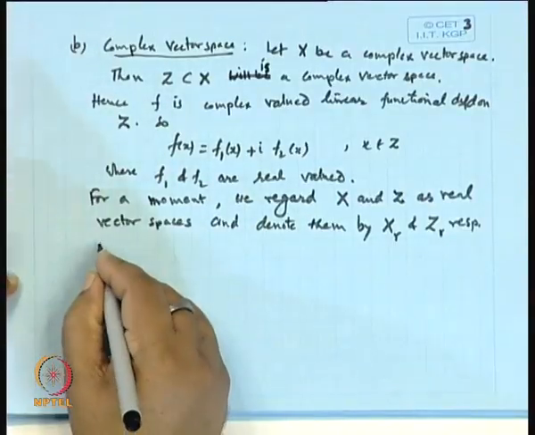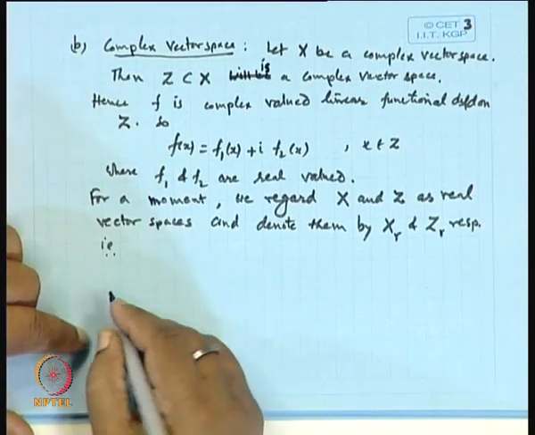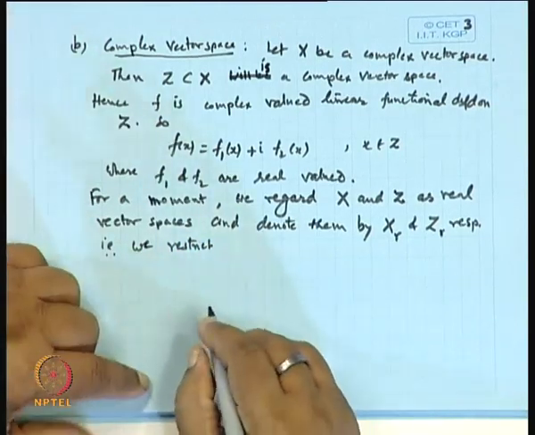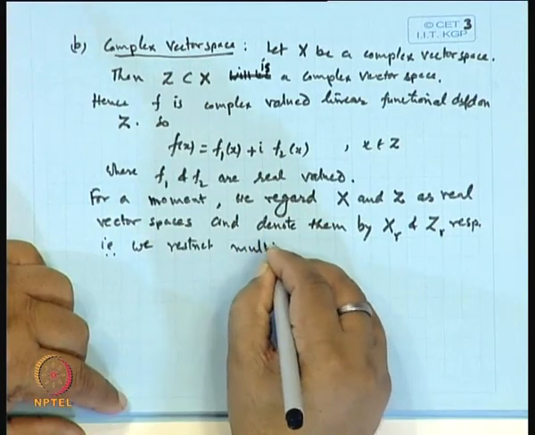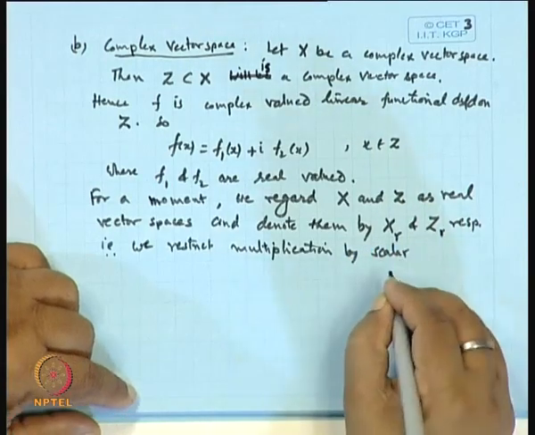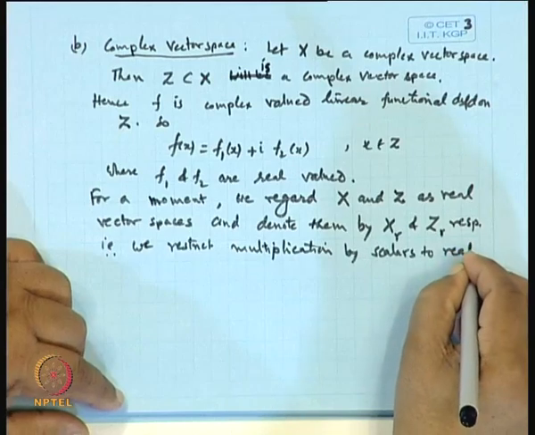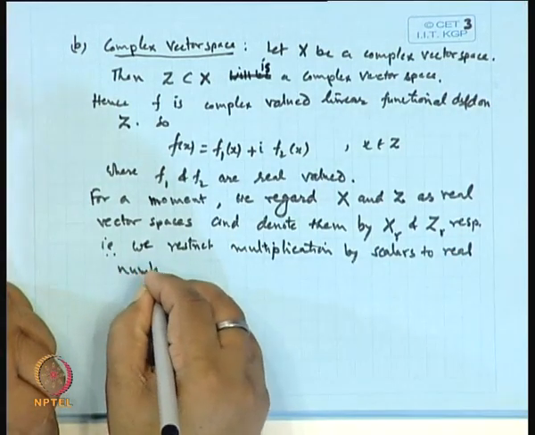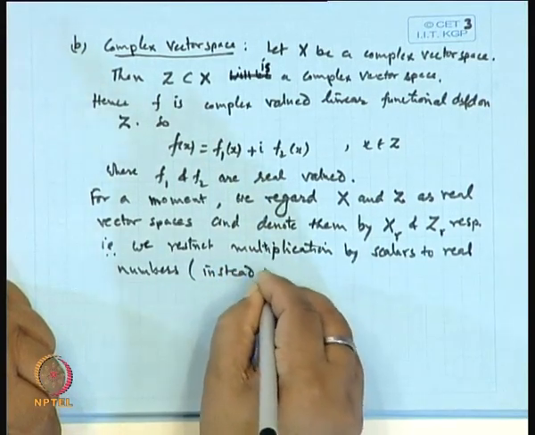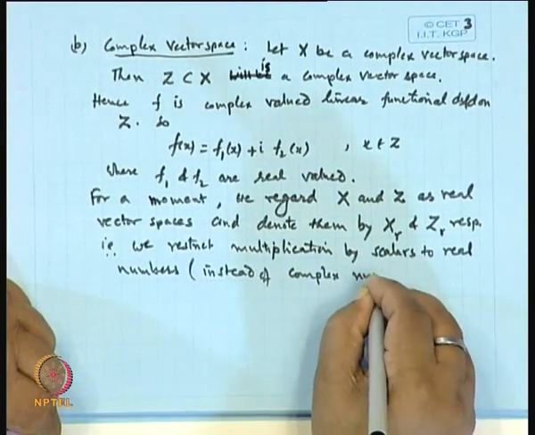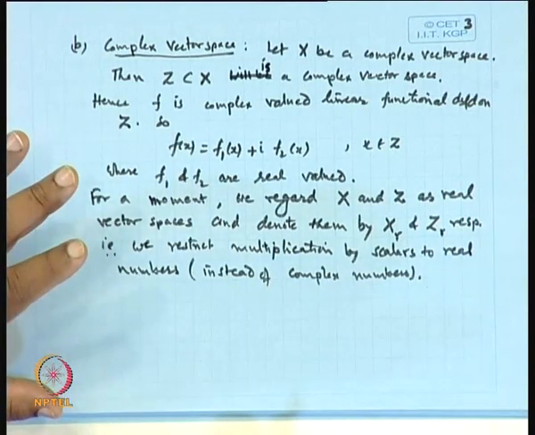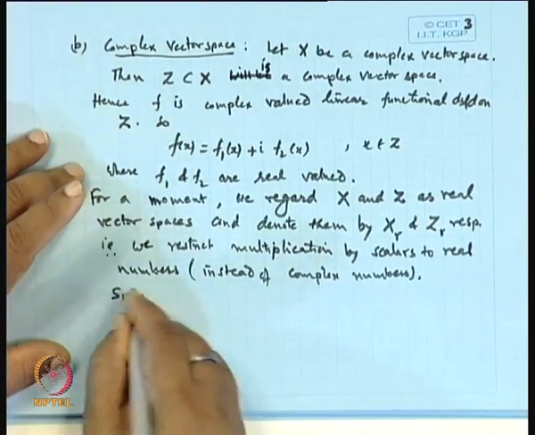That is, we restrict multiplication by scalars to real numbers only instead of complex numbers. Okay.